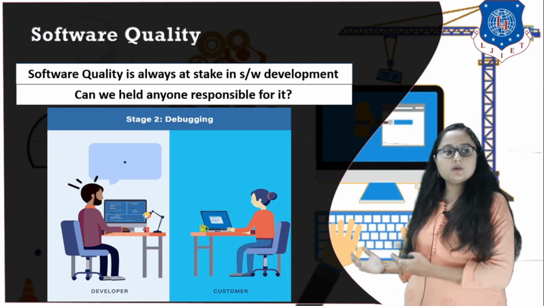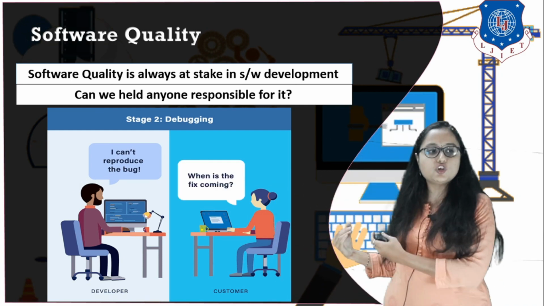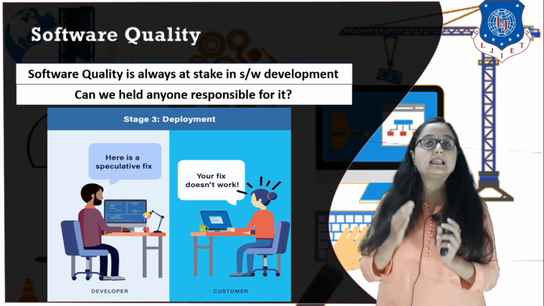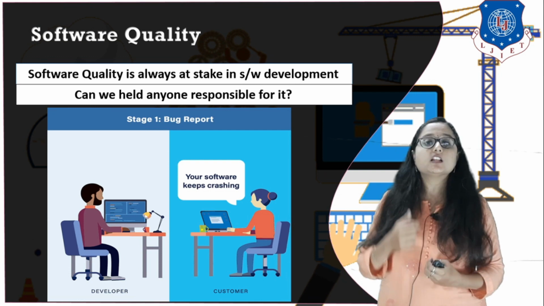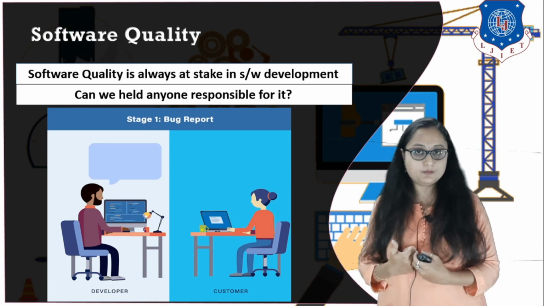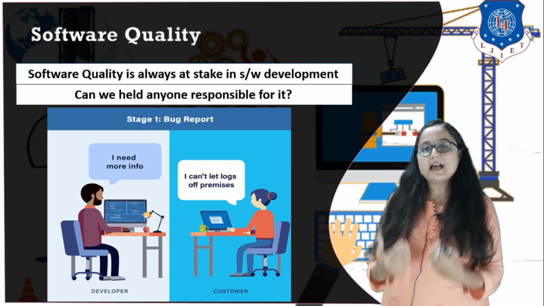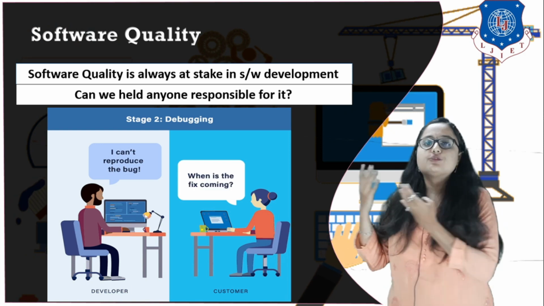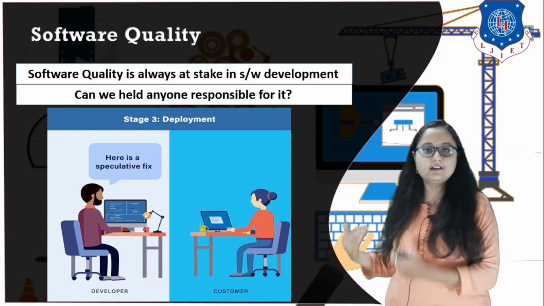So the customer is always blaming the developer, whereas the developer is always blaming the customer. The developer says that due to inconsistency in requirement analysis, that is, the lack of detailed information while discussing requirements with the customer, my software is not quality software, and it is not due to me, it is due to the customer. So there is a blame game going on between customer and developers.